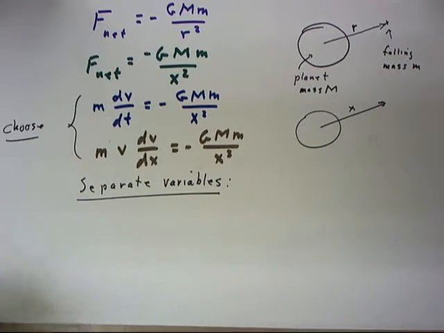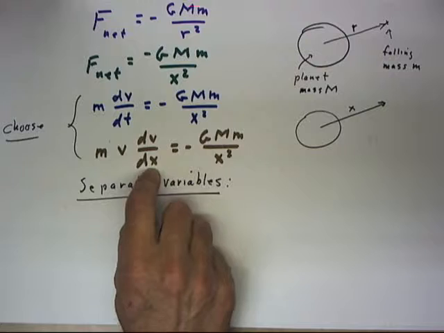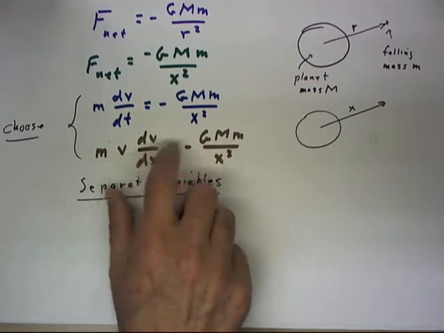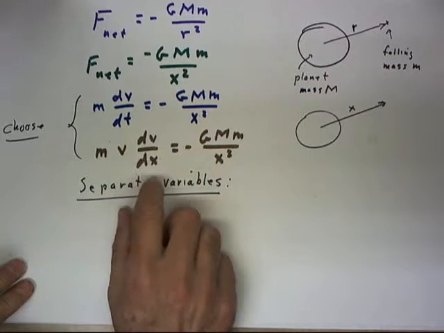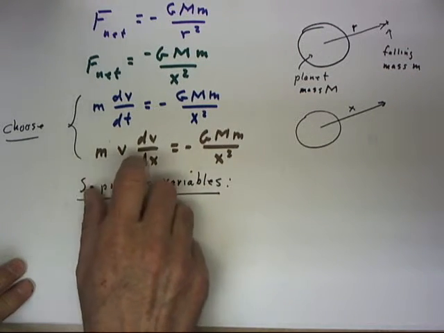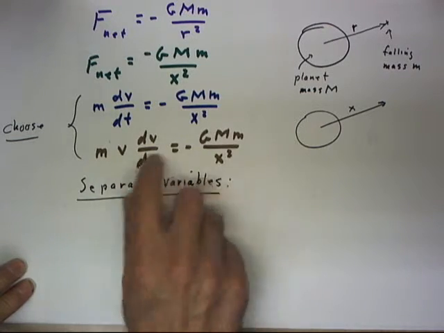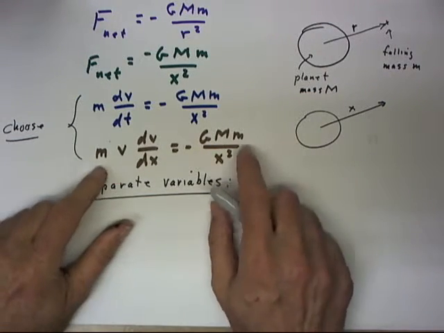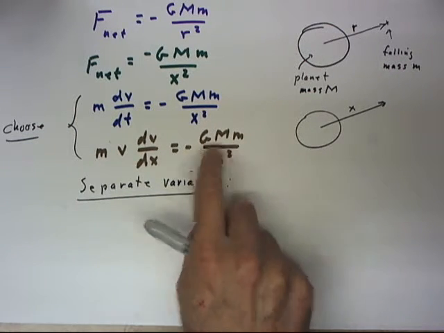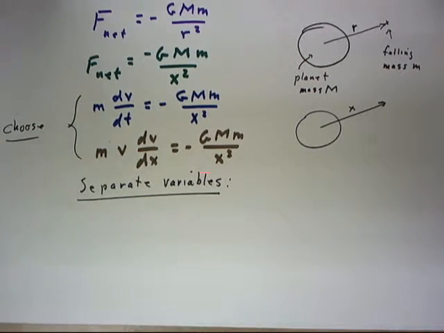We're going to choose this one, where our independent variable is x and our function is given in terms of x, and we can easily see that we're going to be able to separate the variables. We're going to have dx over x squared, and v dv over something else, and either way, our mass little m is going to divide out. So what do we get?